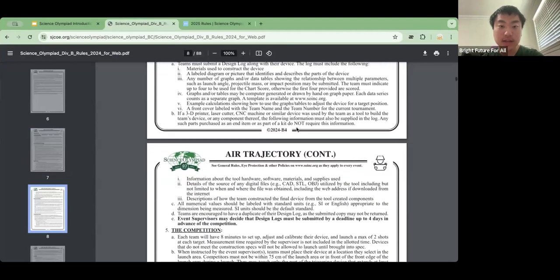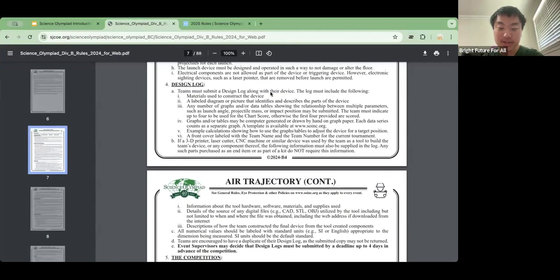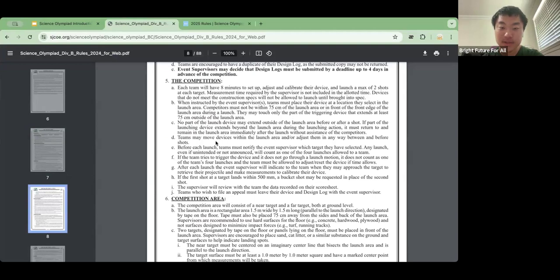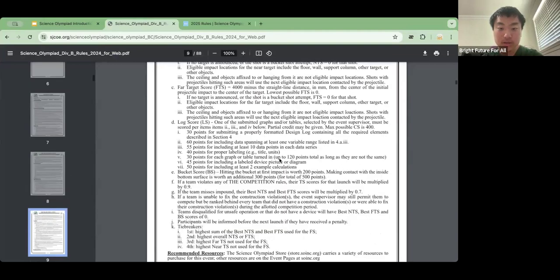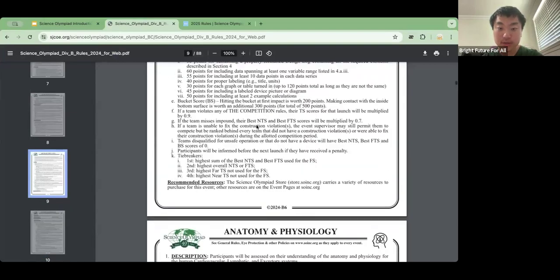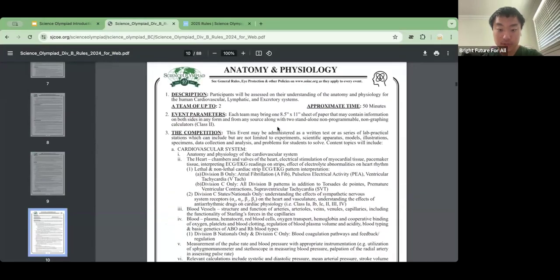You have to do a design log, basically, to make sure that you're not buying this device off some random website or random people. And then you're going to understand a bit about what the competition is like and how it's going to be scored. Here's more of the scoring. So, a bunch of information.